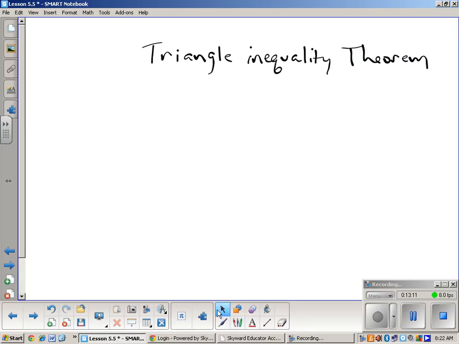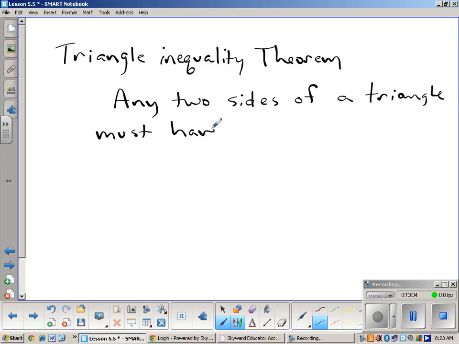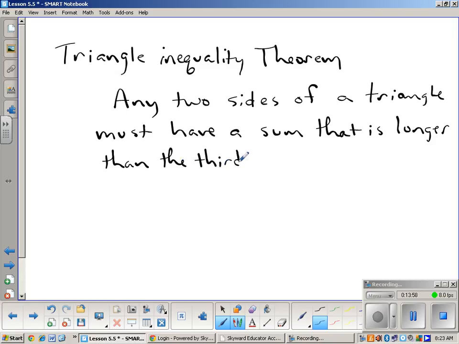So the triangle inequality theorem says any two sides of a triangle, kind of putting this in my own words, any two sides of a triangle must have a sum that's longer than the third side.